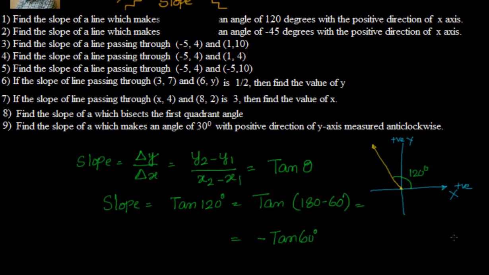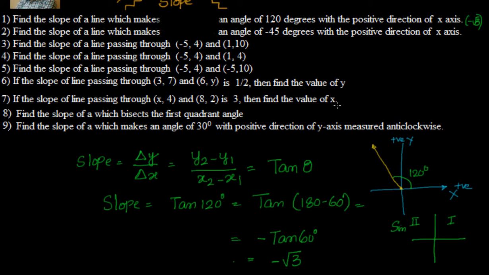Why? Because if you look at all four quadrants, in the first quadrant only the sign is positive. Sine and cosecant, tan and cot, cos are negative in the respective quadrants. Tan of 180 minus theta, you are in the second quadrant, so it's minus tan 60, that is minus root 3. So the slope of the line which makes an angle of 120 degrees with the positive direction of x-axis is minus root 3.